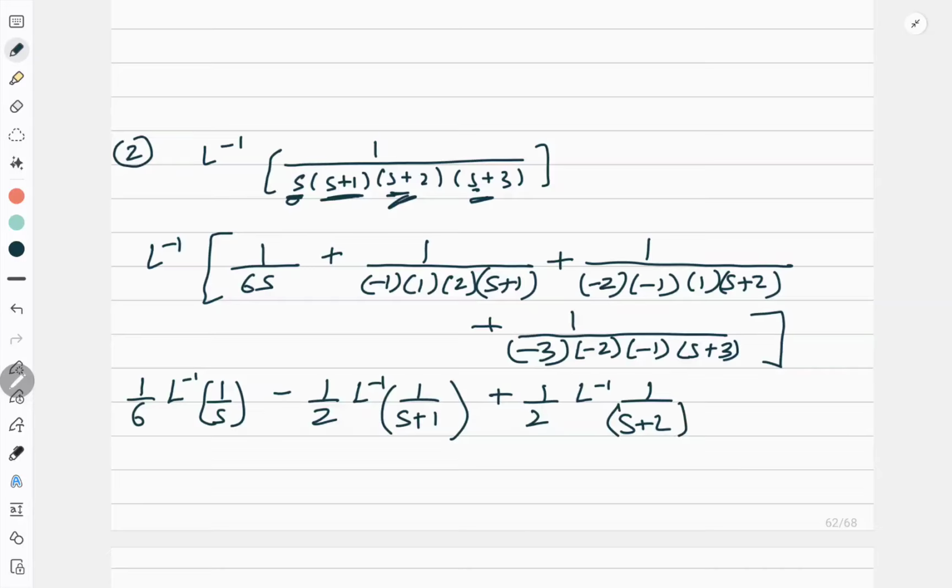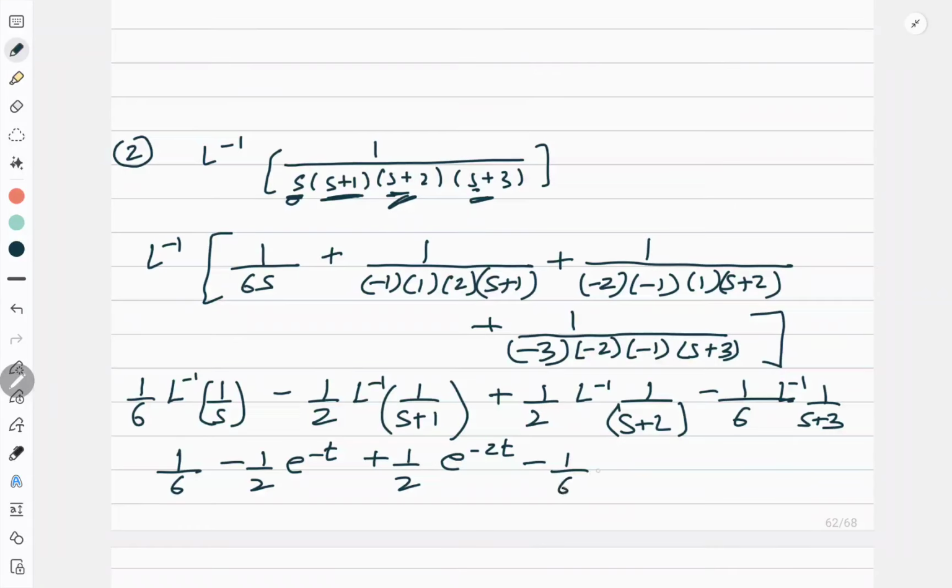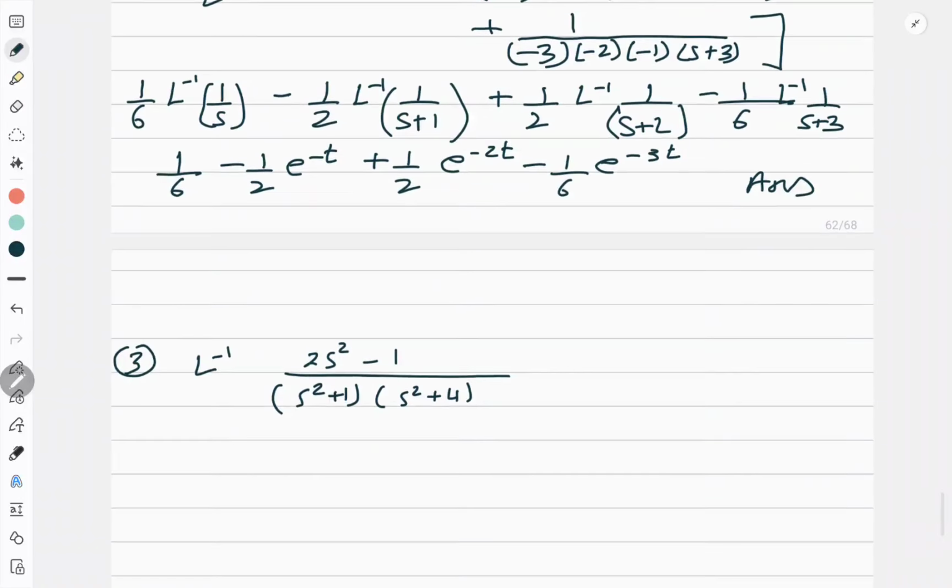And then the last one will become minus 1 by 6 Laplace inverse of 1 by s plus 3. So the Laplace inverse of 1 by s is 1. Minus 1 by 2 e to the power minus t, plus 1 by 2 e to the power minus 2t, minus 1 by 6 e to the power minus 3t. So this is my answer. Let's move to the next question.